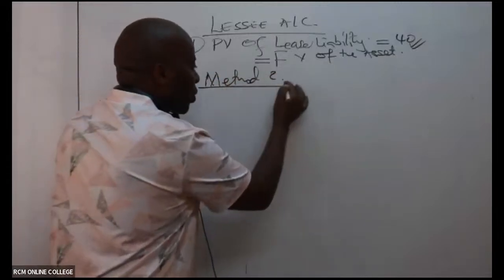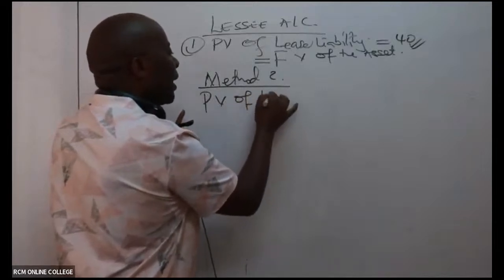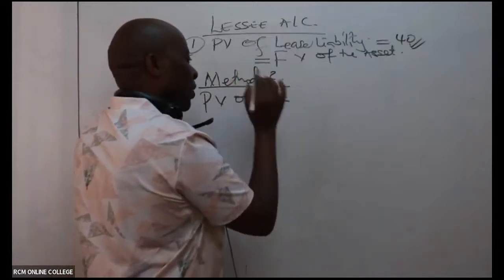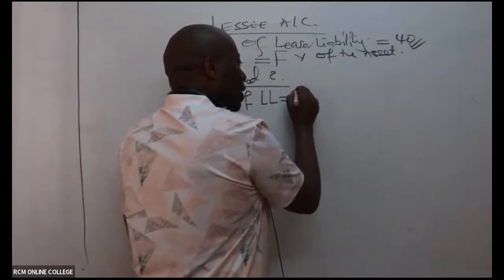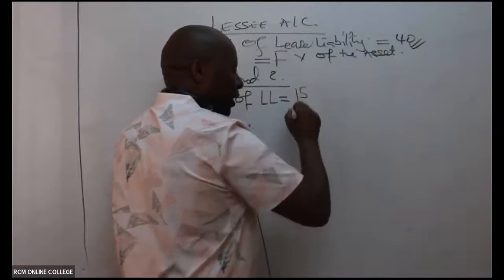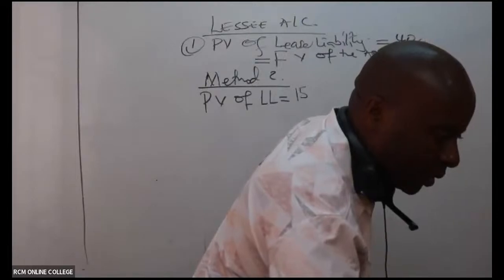So method number two. To get this present value of lease liability, what we shall do is to take the rental amount. They have given us 15, 521, 200. This figure looks ugly.